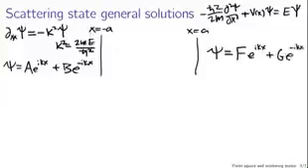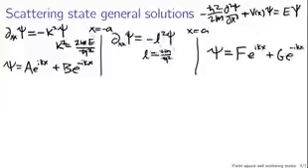For the region in between minus a and plus a, we're going to have a slightly different Schrodinger equation. It's going to give us essentially the same sorts of solution, though, but I'm going to write them slightly differently. Our overall Schrodinger equation will become, as before, the second derivative of psi equal to minus some constant times psi, but the constant is going to be different. The constant, instead of being 2mE over h bar squared, is going to be 2m over h bar squared times E minus V of x.